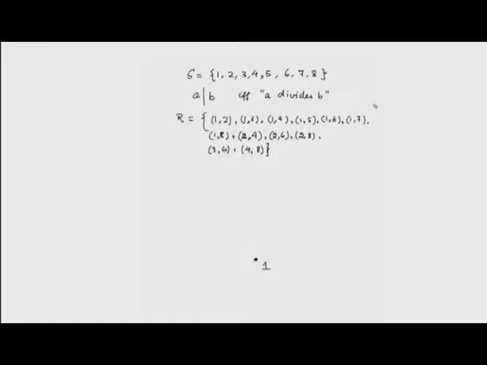So, first we write 2 like this, 2 and draw an arrow. Then we try to see from here whether 2 is related to something else. Yes, here 2 is related to 4.